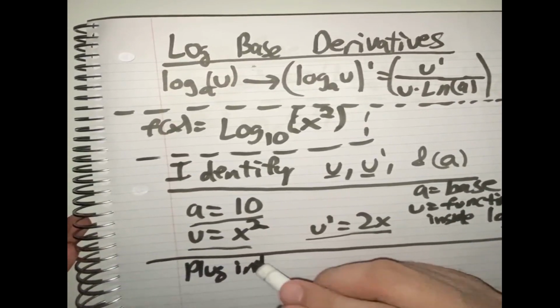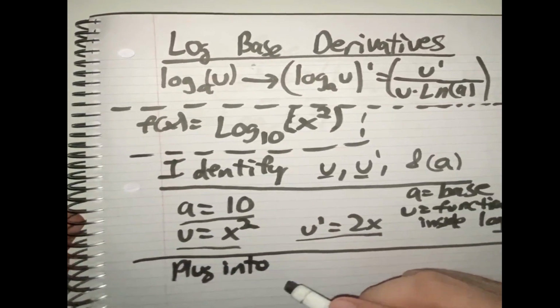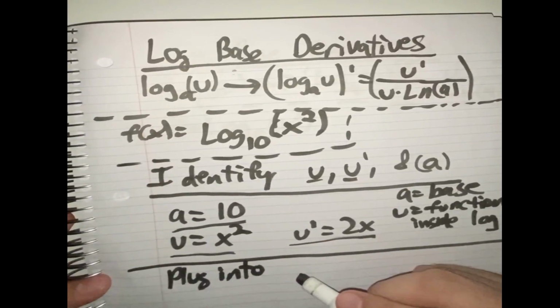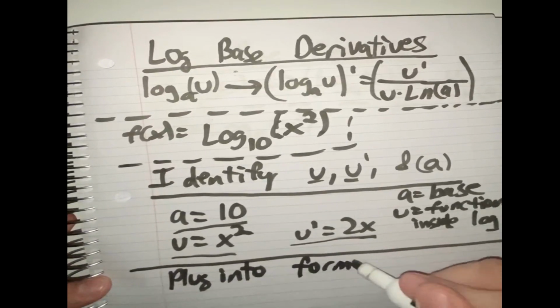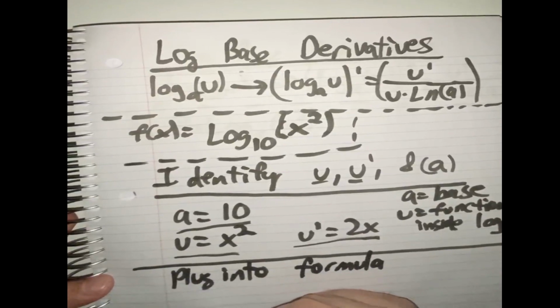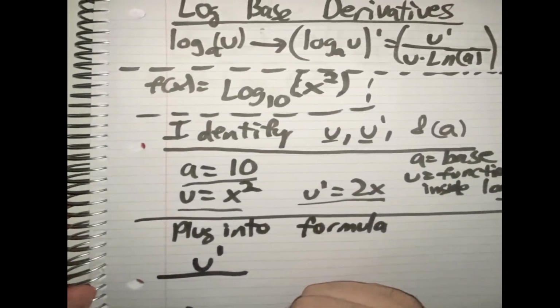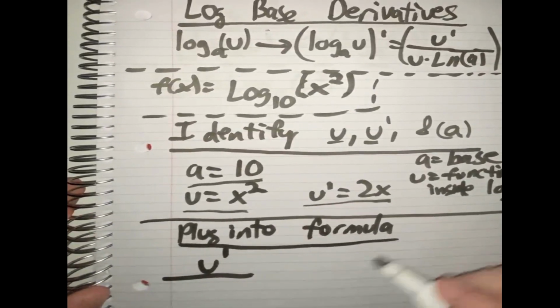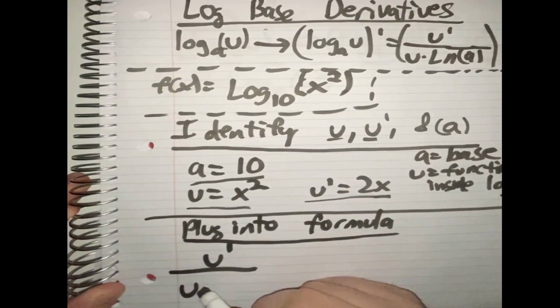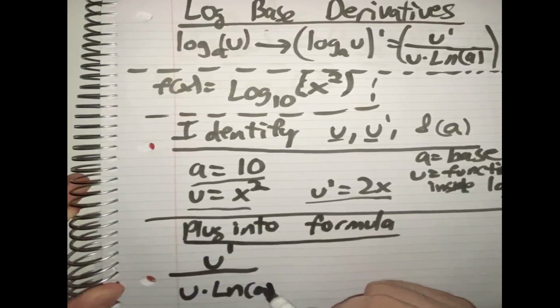So plug into the formula, and the formula, of course, is pretty straightforward. The formula is u prime divided by u times the natural log of a.